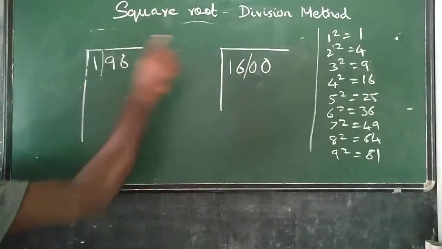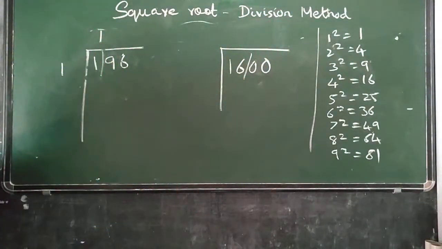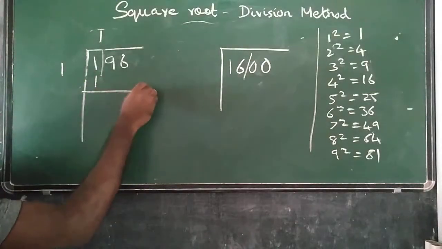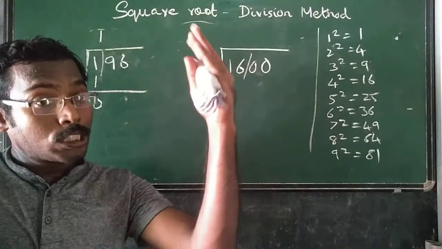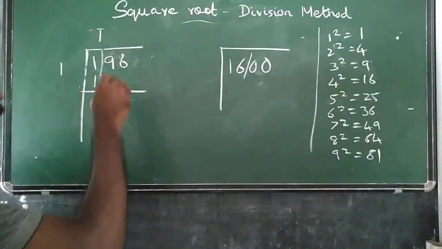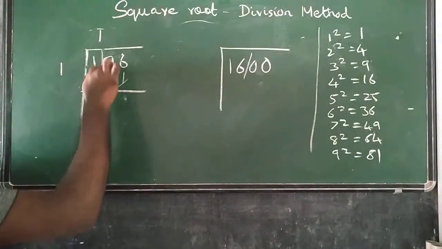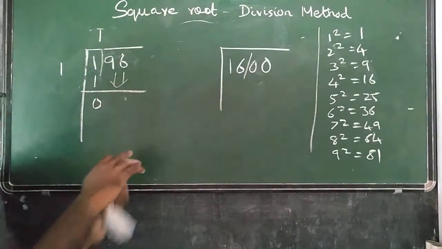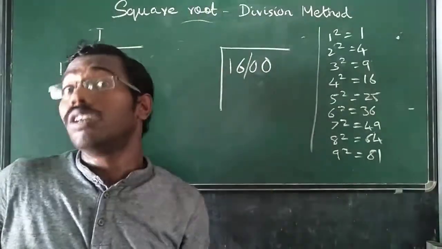So first write 1 square is 1. Remaining 0. Now I told you, as in the last sum we took 2 zeros down, you have to take 2 digits at a time down. Normal division will take only this 9 down, but this is square root division. At a time you have to take down 2 digits.